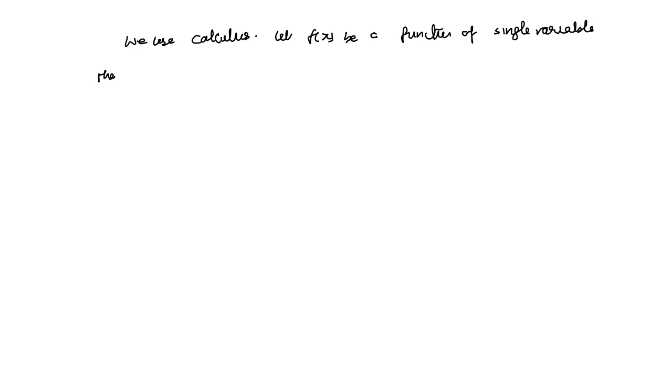Then the second derivative, d square f upon dx square, because we have only a single variable, is less than or equal to 0 for all values of x.